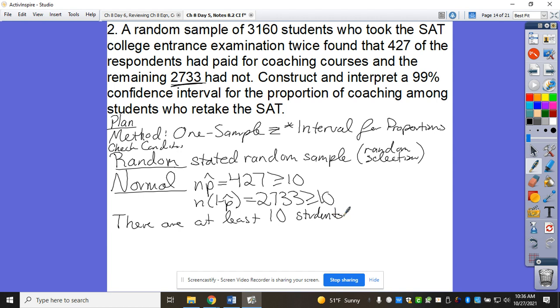Who am I talking about? Which group am I talking about? That pays for coaching, and it's only the ones in the sample here, sampled that took the SAT twice, that did or did not.